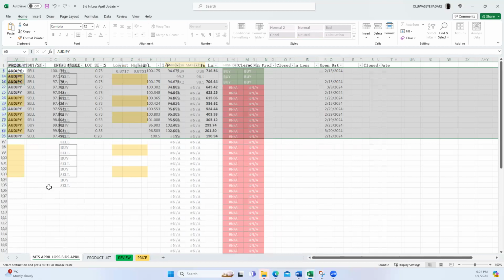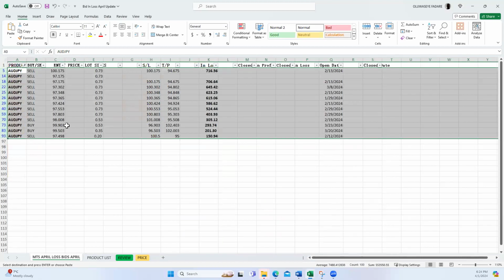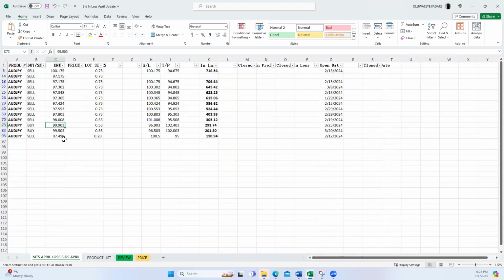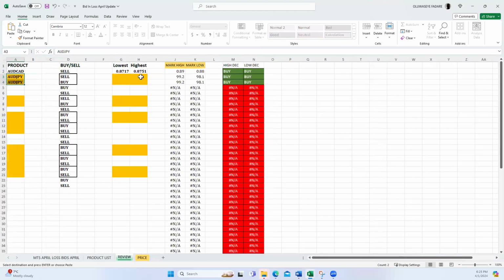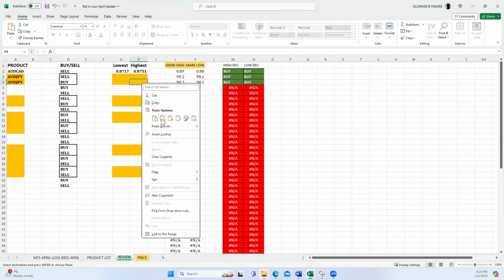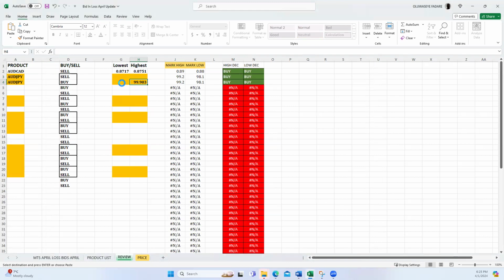Let's look at, we have 99.903 and 99.503. So 99.903 is our high and 99.503 is our low. So we're going to put it in there. So our highest is 99.903 and our low is 99.503. So that's for the buy.